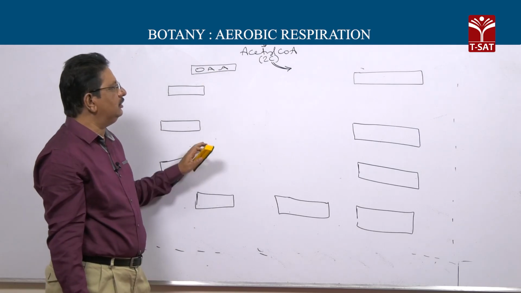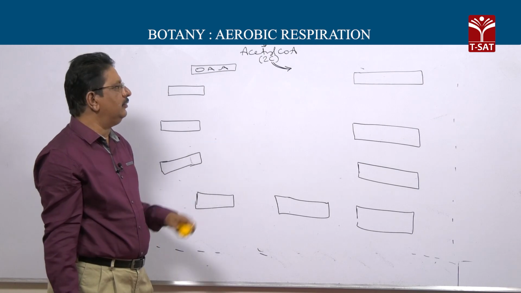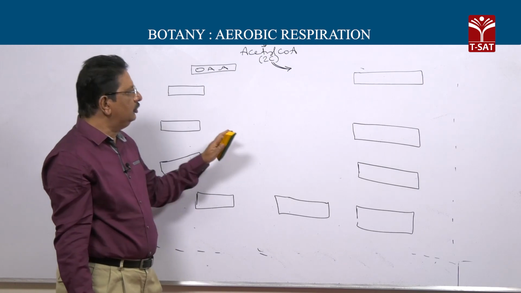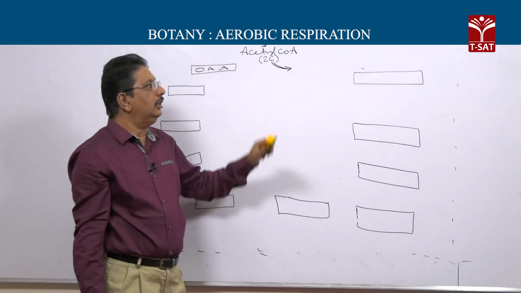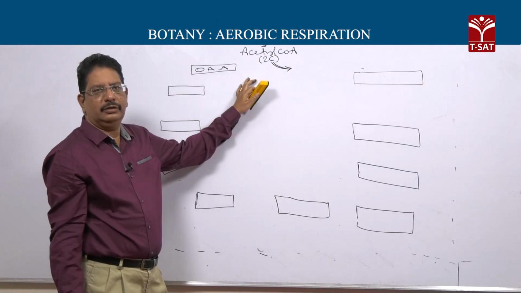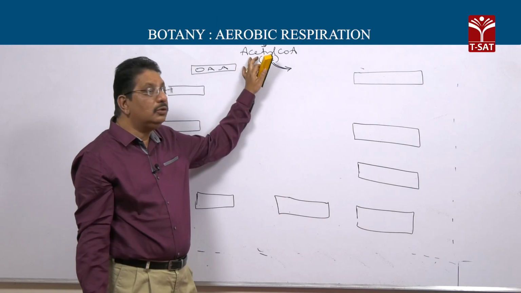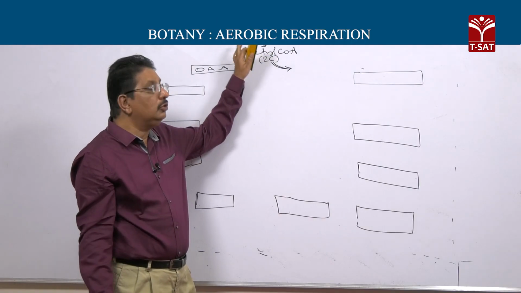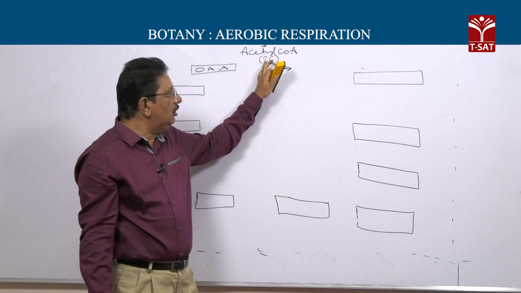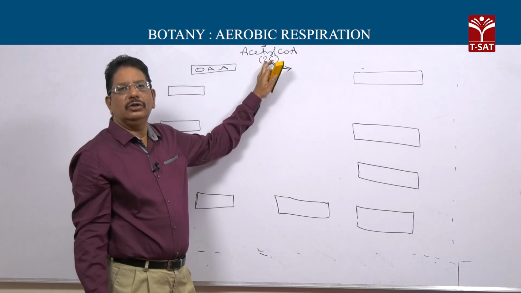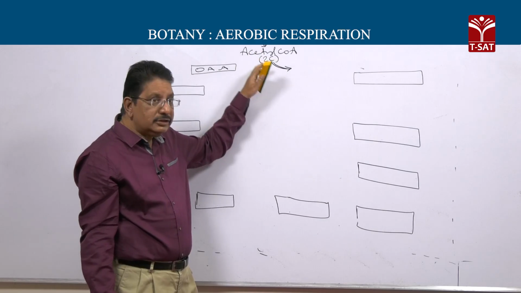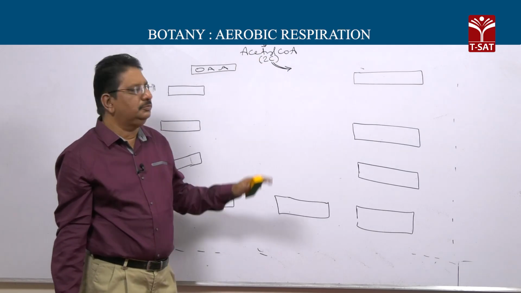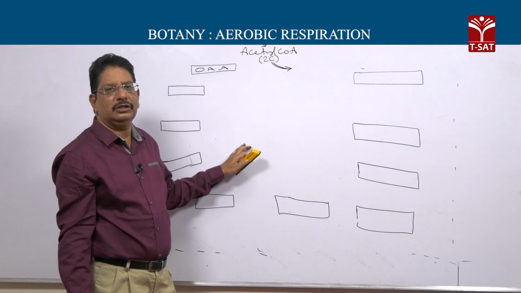This is a process named condensation, in which the acetyl group in acetyl coenzyme A, a residue of glucose, is supposed to undergo complete oxidation and decarboxylation, but it cannot do so by itself.